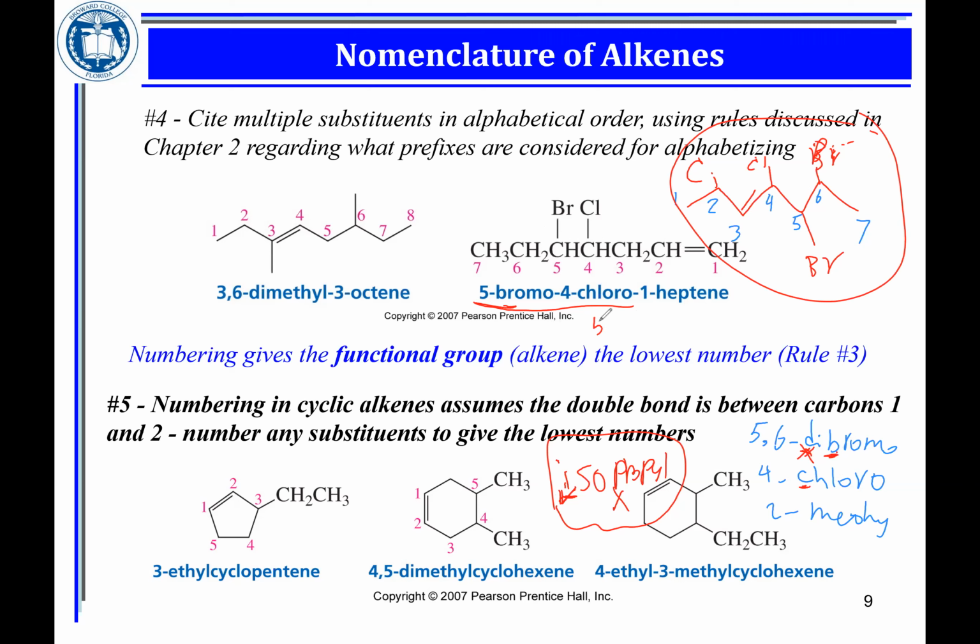So it's going to be 5,6-dibromo, 4-chloro, 2-methyl, and then the heptene is on carbon number 3, so 3-heptene. Okay, so that would be the name.